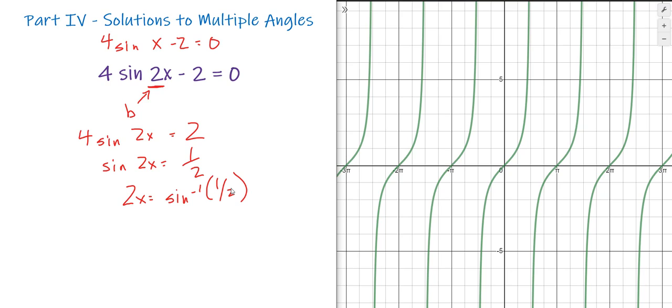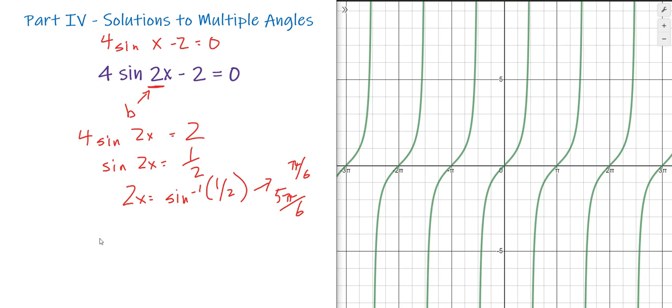And that's going to get us pi over 6 and 5 pi over 6 as our two values. So this is going to pump out pi over 6, 5 pi over 6, because it is a sine function and it's positive, so it's going to be quadrant 1, quadrant 4, and this turns out that it's pi over 6, 5 pi over 6.